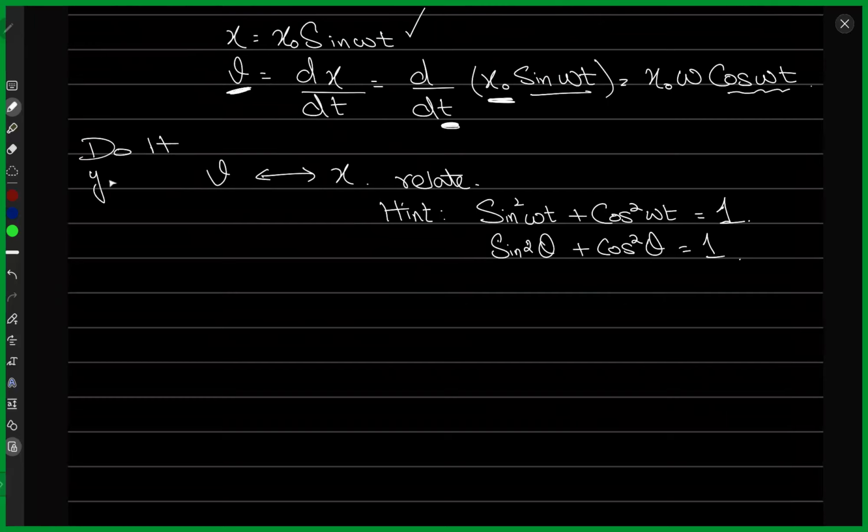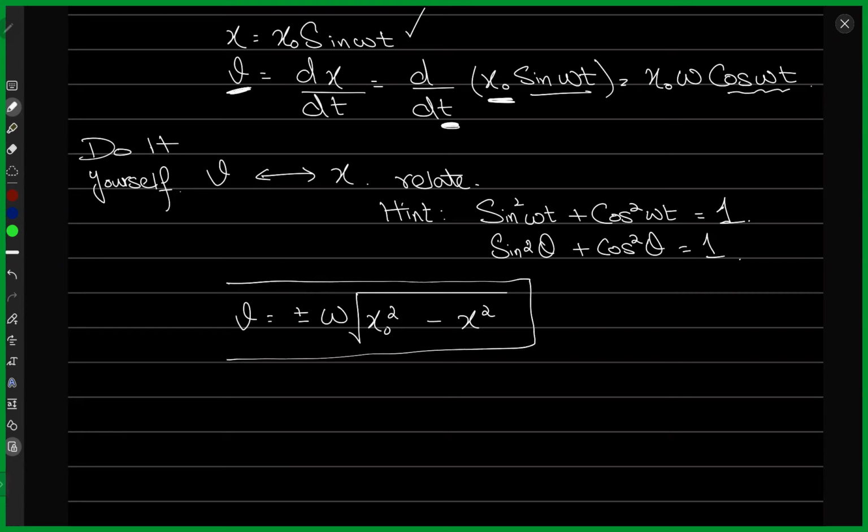Do it yourself and see if your answers match with what I'm going to write right now. The answer is velocity is equal to plus minus omega square root of x naught squared minus x squared. So this is a relation that relates the displacement of a body or an object with its velocity.